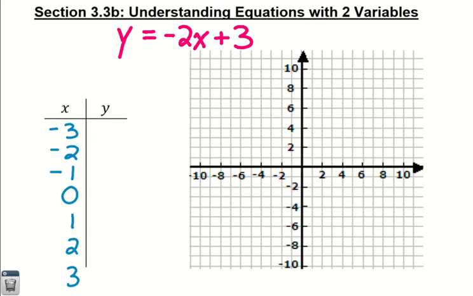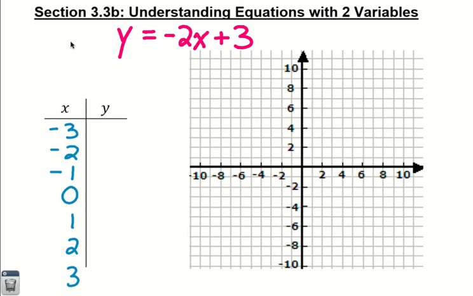Went to section 3.3b, which is continuing our understanding of equations with two variables. So take this equation, for example. It's got an x variable and it's got a y variable.